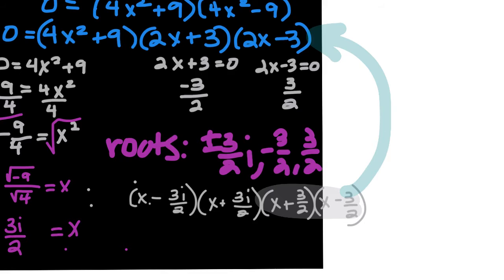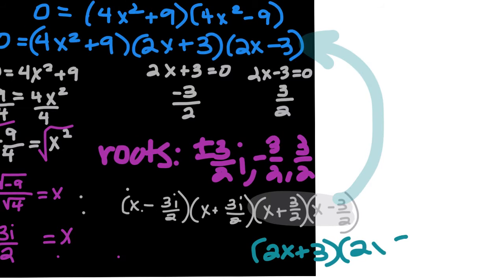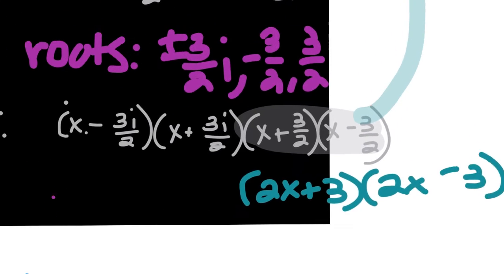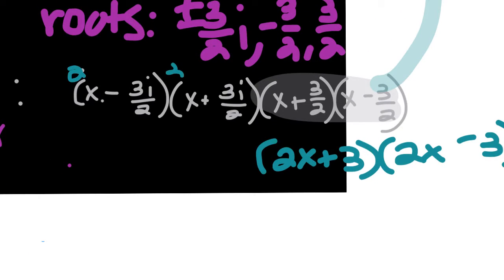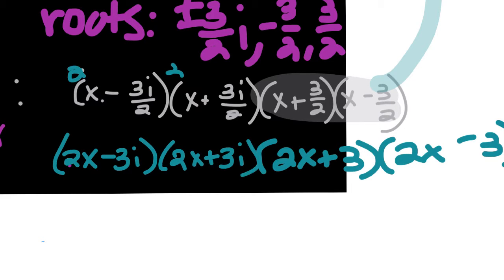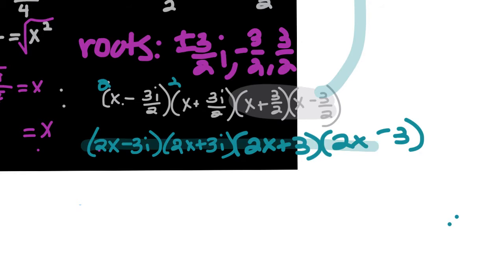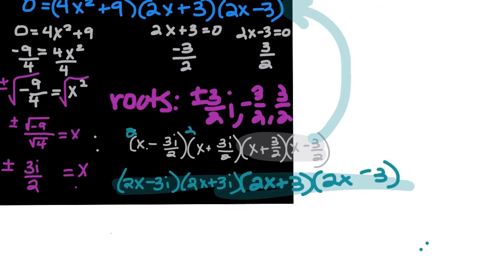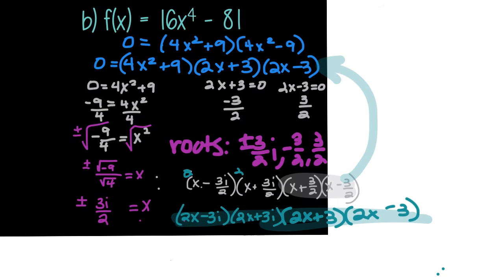So I can go straight to 2x plus 3 and 2x minus 3 there. And then all I have to do is multiply my first two parentheses by 2, and I get 2x minus 3i and 2x plus 3i. So that's the product of linear factors with all four factors. And again, if you multiply that out, you should get your question.